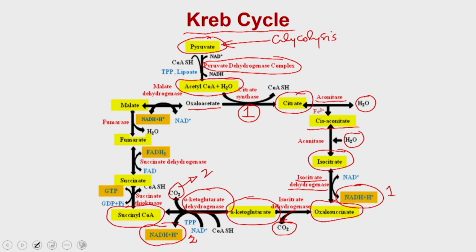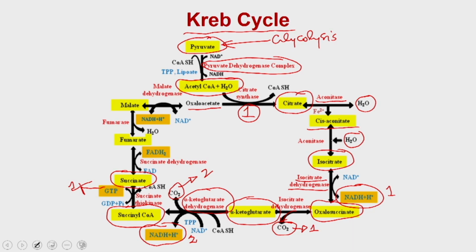So, this is the second molecule of carbon dioxide, and this is the first molecule of carbon dioxide. Now, the succinyl CoA is converted into succinate, and if you see very carefully, in this step GTP is produced instead of ATP. So, the first molecule of GTP is produced.